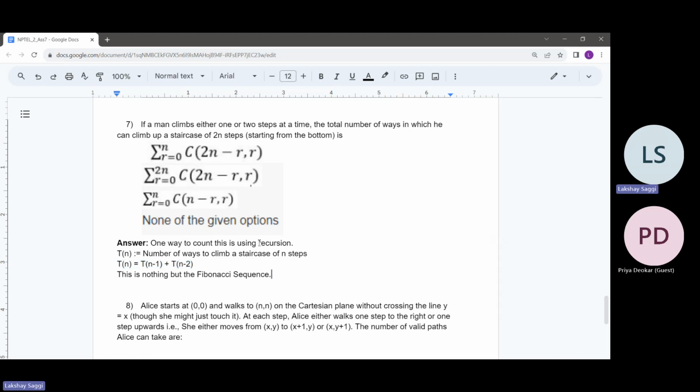So one way to count this is using the Fibonacci sequence. But the options are not in the form of recursion. They are in the form of actual values, like a summation of some n choose r terms. So I'm claiming we can count it this way also.